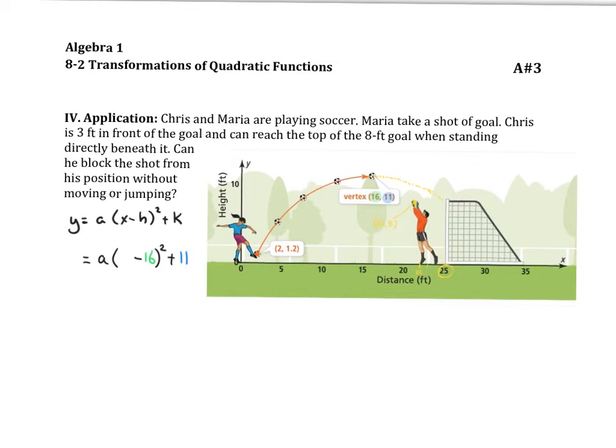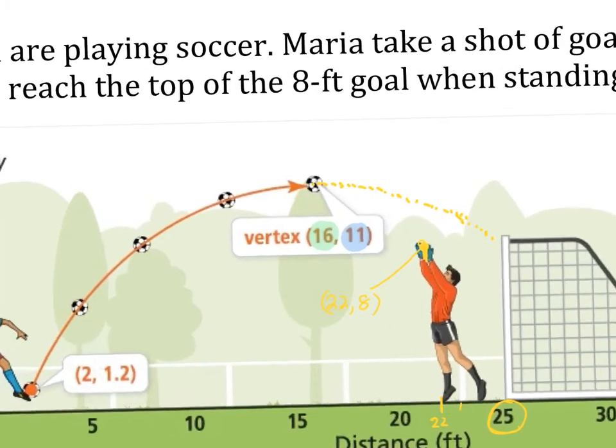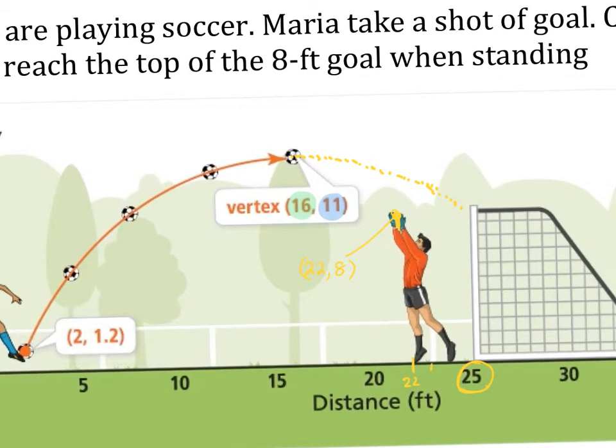Now, I taught you to go from the vertex and go to the next point 1 over. We can't do that because we don't have the accuracy of the graph here. Watch if I try to do that. I'm here, and 1 over is right here. That is 16. 1 over is 15.